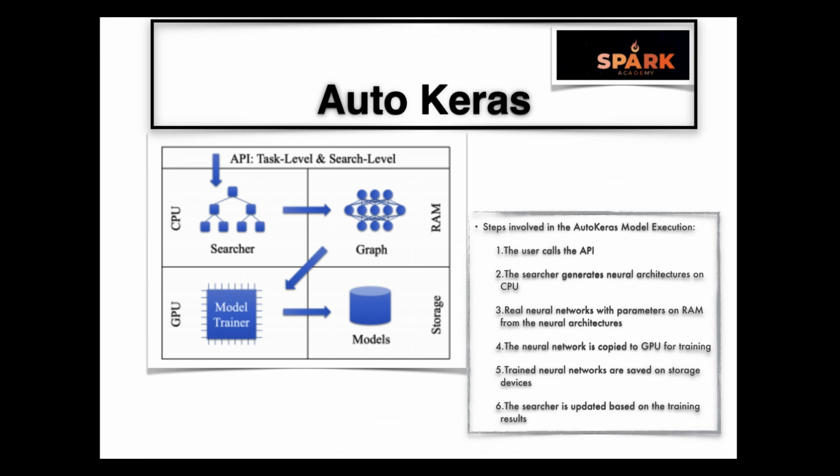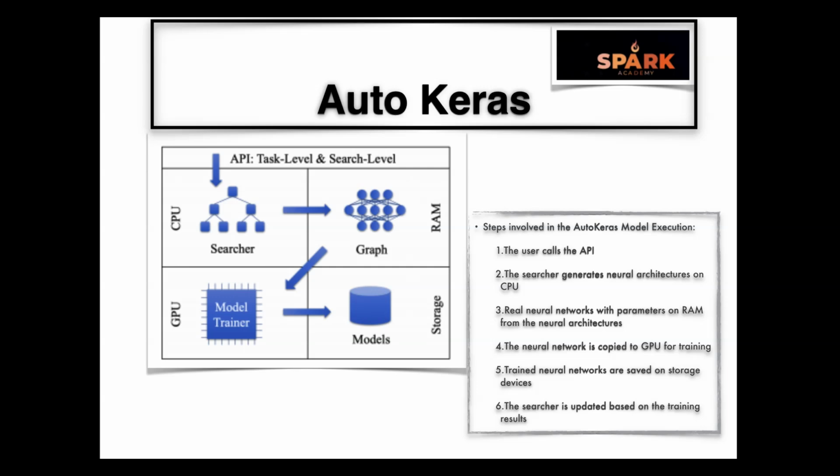Now, here are the steps involved in AutoKeras model execution. Number one, the user calls the API. Number two, the searcher generates a neural architecture on the CPU, right? Third, neural networks with parameters are built on RAM from the neural architecture. So using the graphs, you can come up with the real neural network with the params corresponding to the architecture.